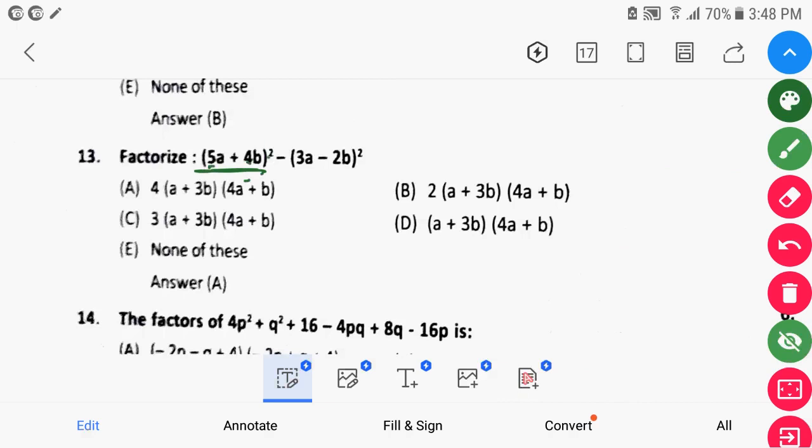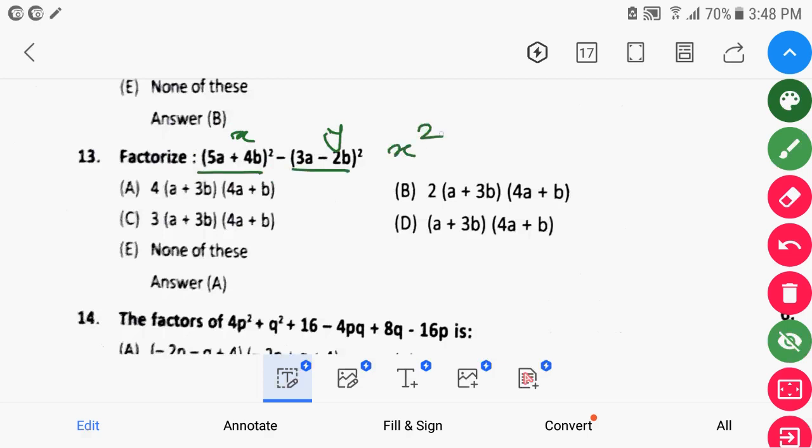Now see, 5a plus 4b square minus 3a minus 2b square. Now if we consider this and this, the variables or constants or terms are different. Now consider this whole as a and this whole as b, or if a and b are given here, we consider this as x and this as y.